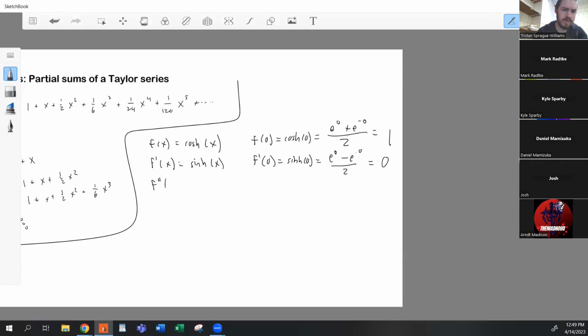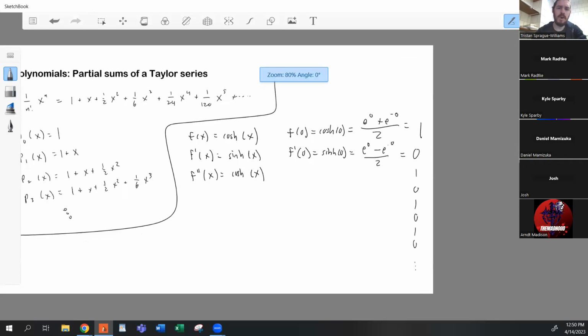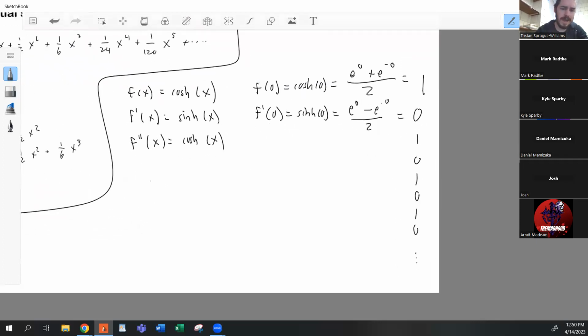And then the second derivative is back to cosh again. Cosh and sinh just flip-flop back and forth. It's not like sine and cosine where there's this cycling of negatives. They just flip-flop. That's it. So then we're going to get 1, then 0, and then 1 and 0, and so on, right? So what we get is coefficients of 1, 0x, 1x squared, 0x cubed, 1x to the fourth.